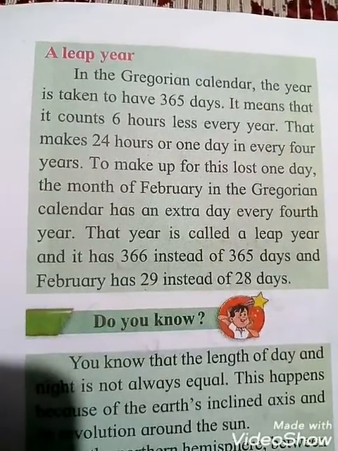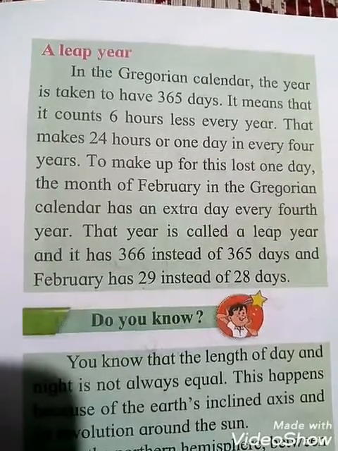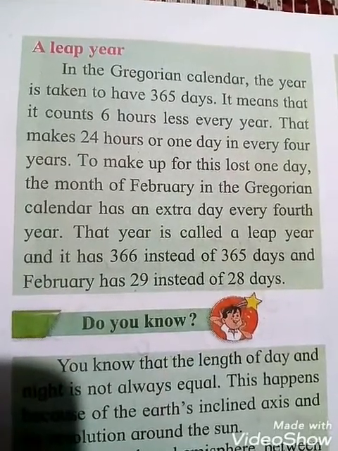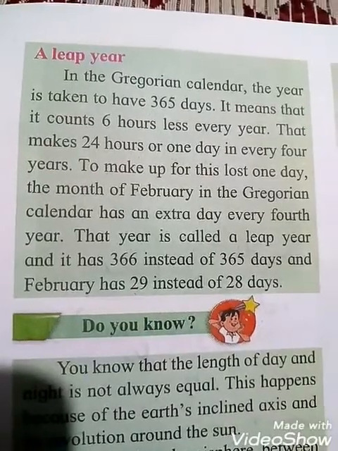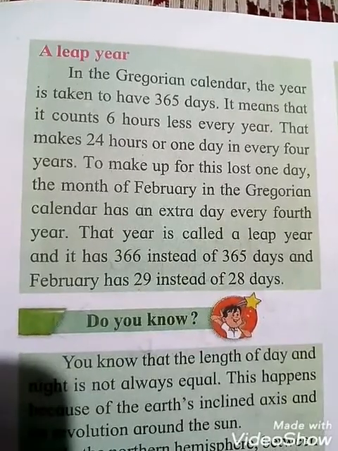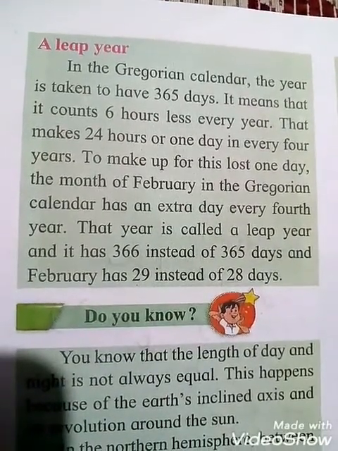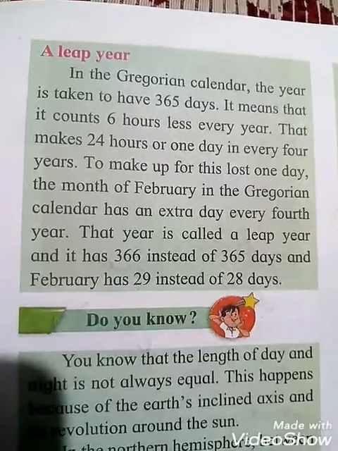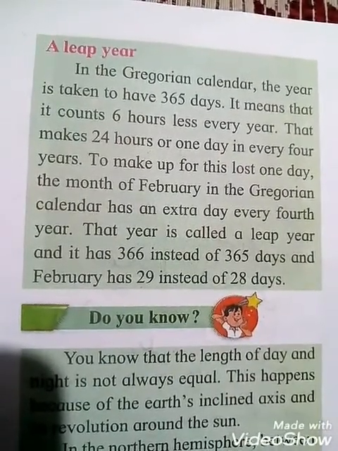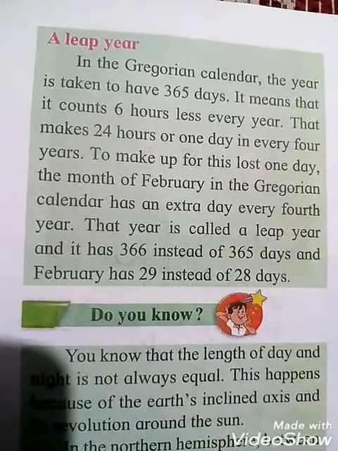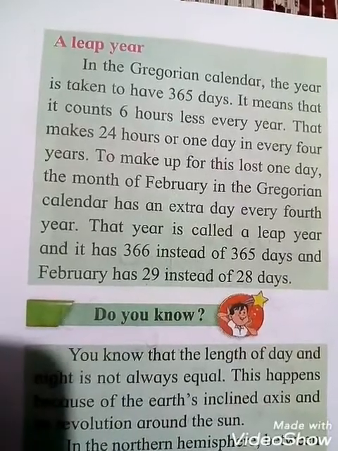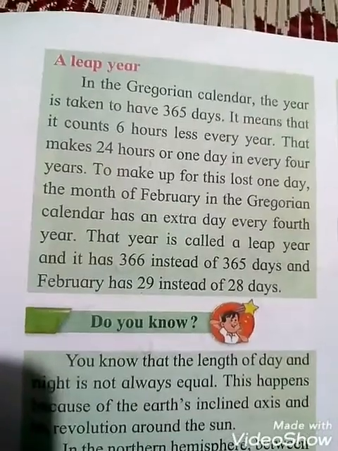To make up for this lost day, the month of February in the Gregorian calendar has an extra day every 4th year. That year is called a leap year, and it has 366 instead of 365 days. So in a leap year, February has 29 instead of 28 days.